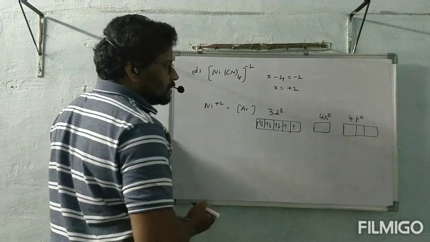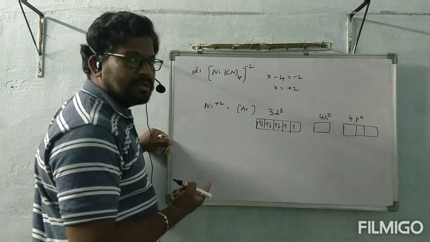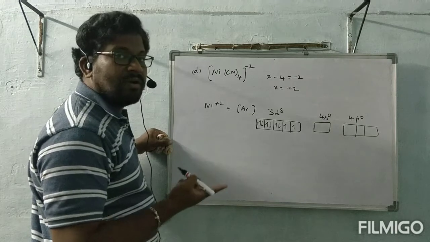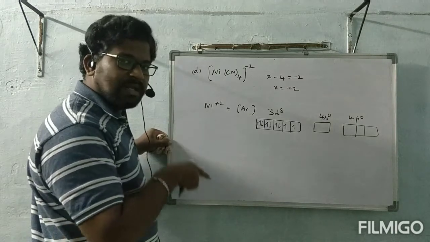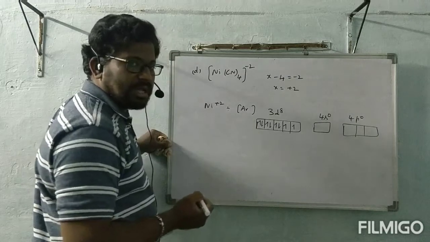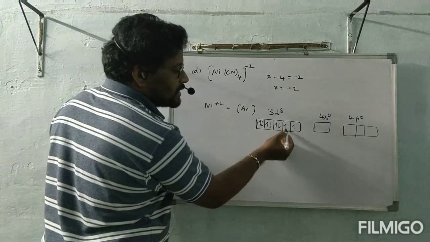But if this compound undergoes a susceptibility experiment, we get magnetic moment 0. 0 means number of unpaired electrons is 0. To explain that 0 number of unpaired electrons, valence bond theory took the help: this electron is going to be paired with this electron.